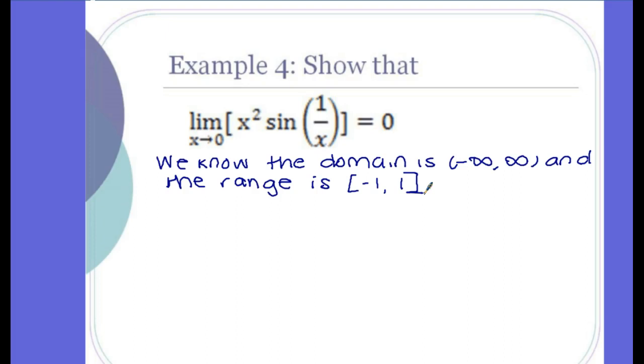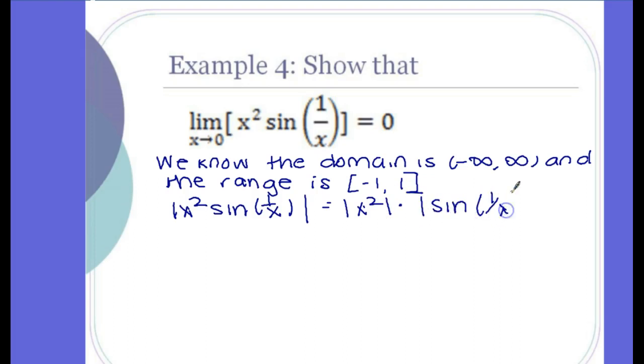So essentially what we're saying is that the absolute value of this function cannot exceed -1 to 1 because of the range. So we're going to say the absolute value of x squared sine 1 over x is the same as the absolute value of x squared times the absolute value of sine 1 over x.